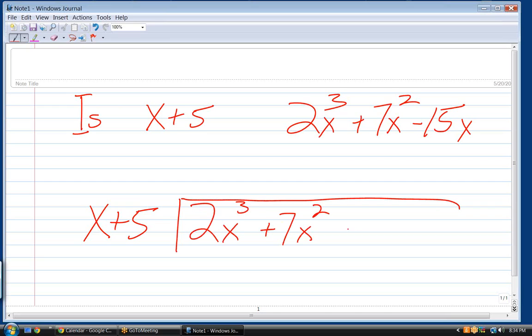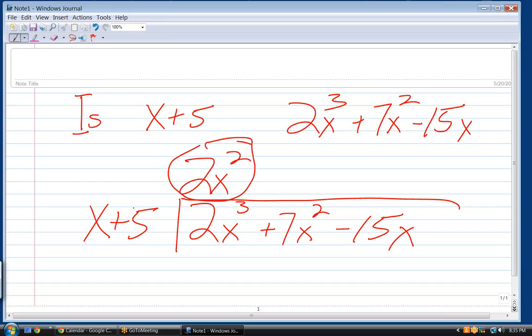Now the trick with doing long division is just starting out dividing that into that. What is that? 2x squared. Okay, next step is to take that and multiply both terms by it.